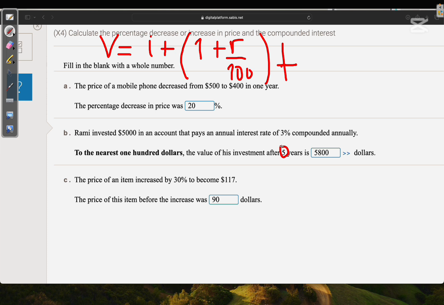So 5,000 times 1 plus 3 over 100, to the power 5. Just give me a second.